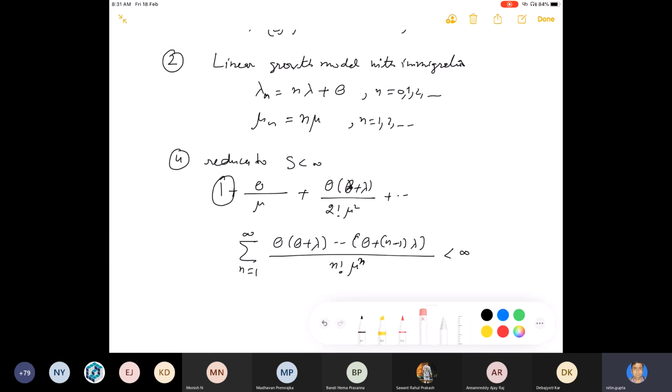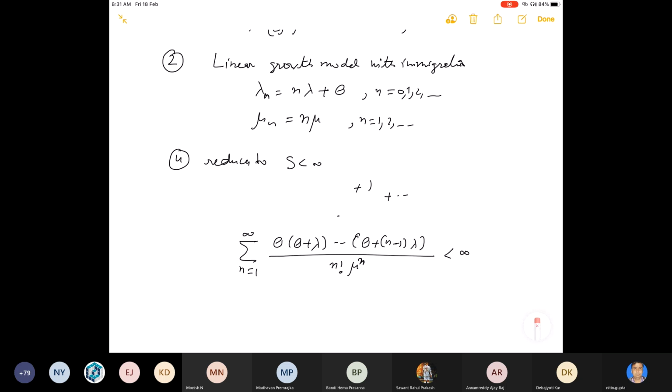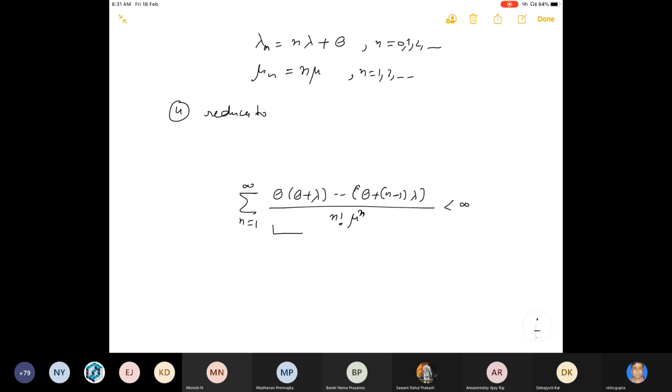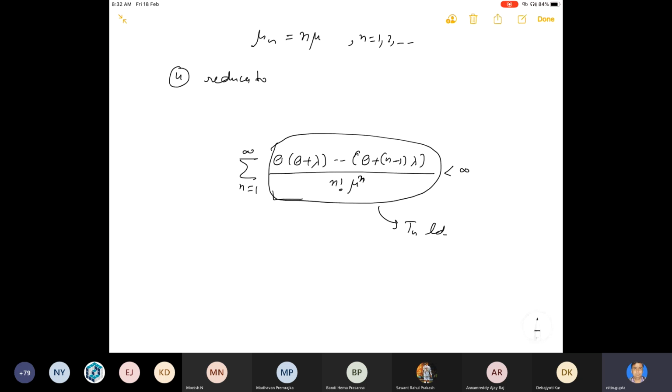If this converges, then that means our S converges. Let us say this value is some tn. Let us use the ratio test.